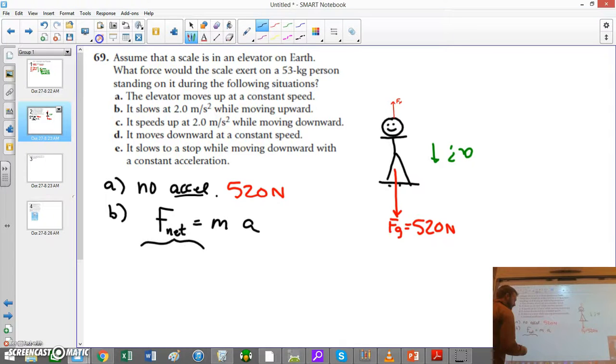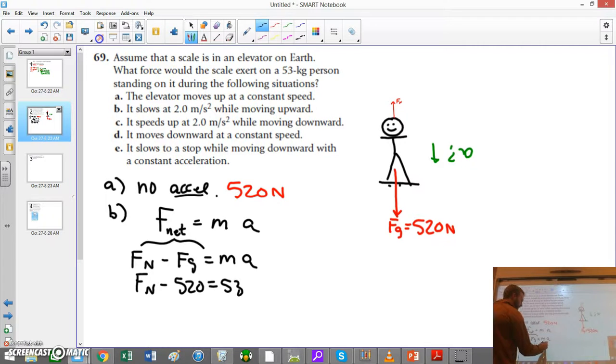My net force is going to be my up force, which is the normal force, minus my down force, which is gravity. I don't know my normal force. I know that my gravitational force is 520, my mass is 53, and my acceleration is in the downward direction, which is negative, so it's negative 2.